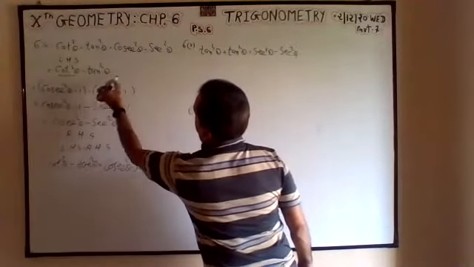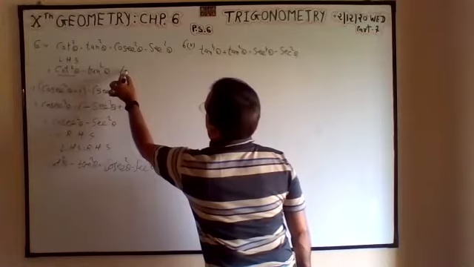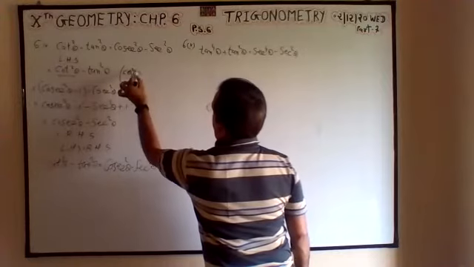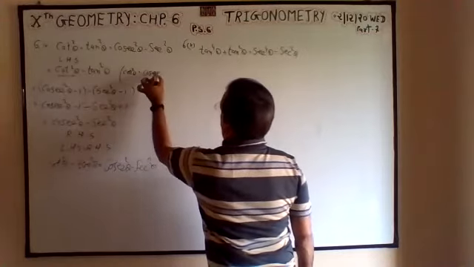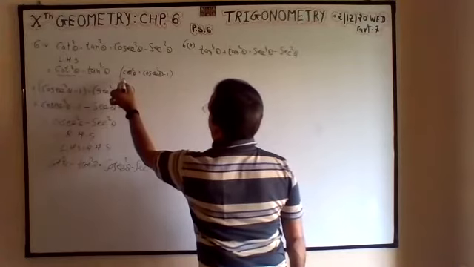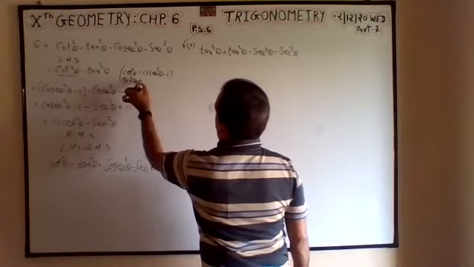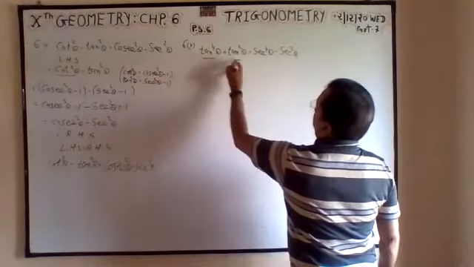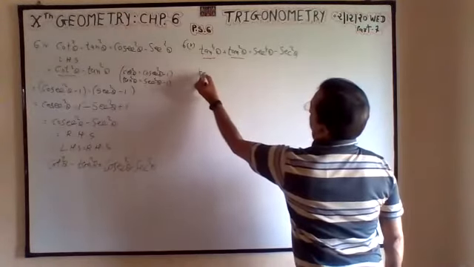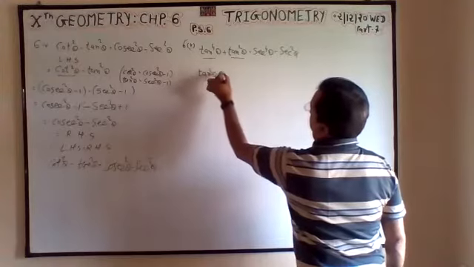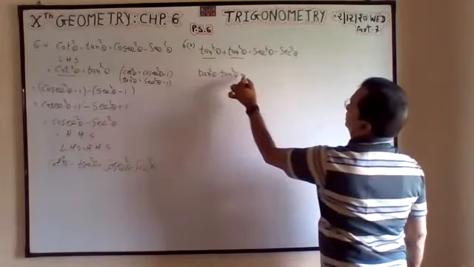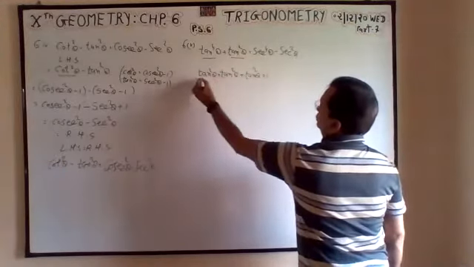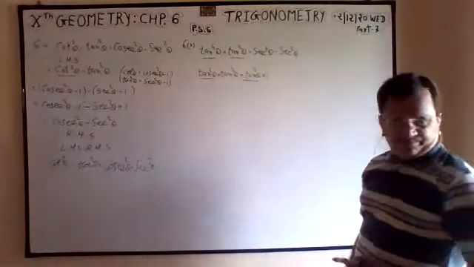Here I have substituted cot square theta is equal to cosec square theta minus 1, and here I have applied tan square theta is equal to sec square theta minus 1. So from this and this, I will write this in a square power. Tan square theta plus tan square theta into 1. Correct. So tan square I will take common.